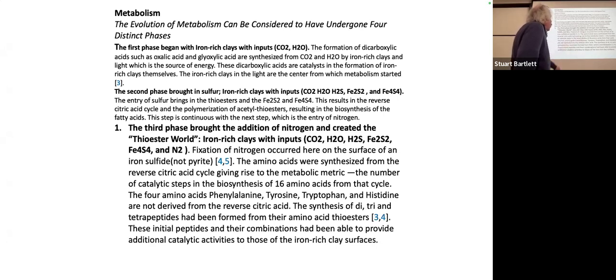Fixation of nitrogen occurred here on the surface of the iron sulfide, not pyrite. The amino acids were synthesized from the reverse citric acid cycle, giving rise to the metabolic network. The number of catalytic steps in the biosynthesis of 16 amino acids from that cycle is shown, and the 4 amino acids, phenylalanine, tyrosine, tryptophan, and histidine, are not derived from the reverse citric acid cycle. They are coming from sugar phosphate.